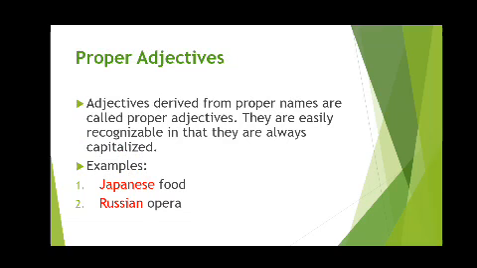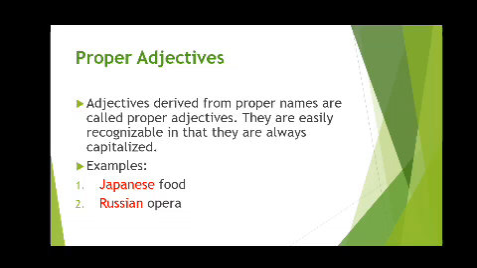Then we have the proper adjectives. The proper adjectives are derived from proper names, and they are called proper adjectives. These are easily recognizable as they are always capitalized in a text. Here are examples: Japanese food. Now, food is a noun. Japanese is basically a nationality, a name associated with a place.